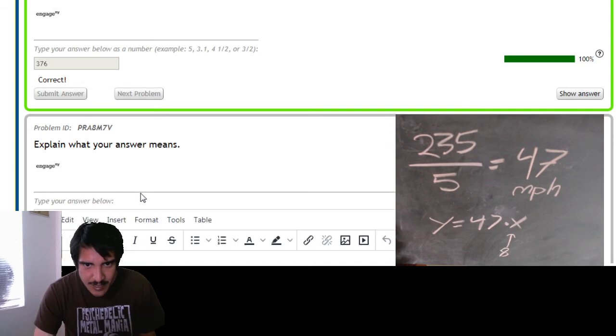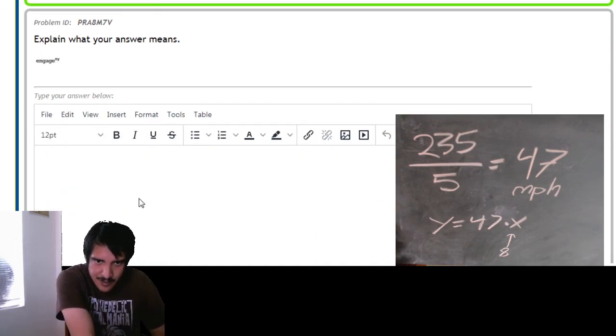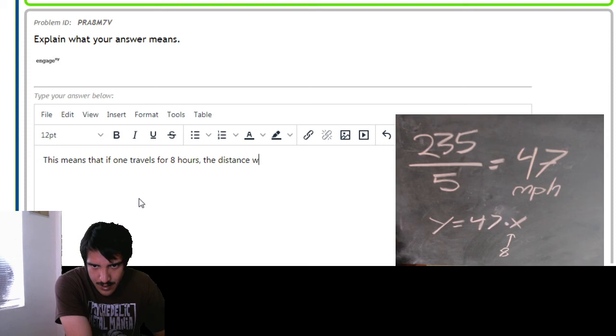It's probably going to ask what the answer means. And this is pretty easy. All functions tell a story. So this means that if one travels for 8 hours, the distance traveled would be, what was it?